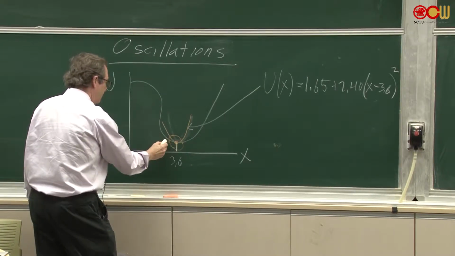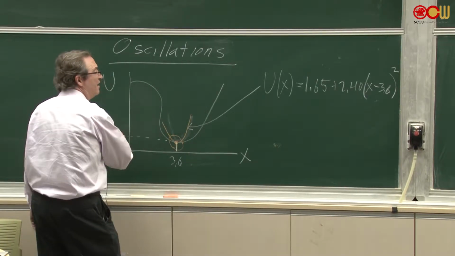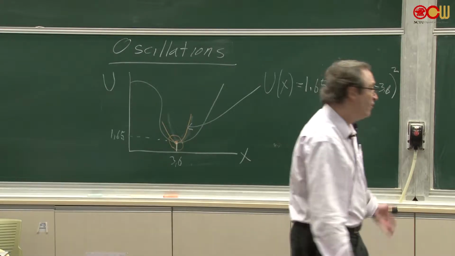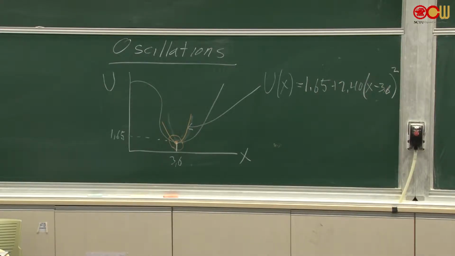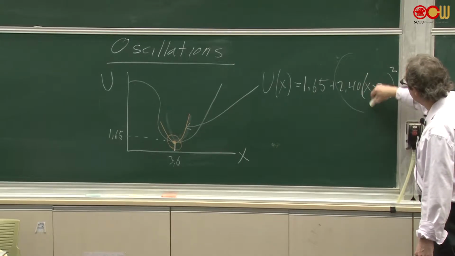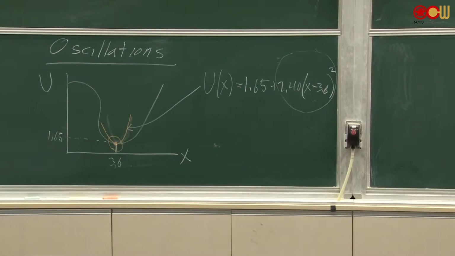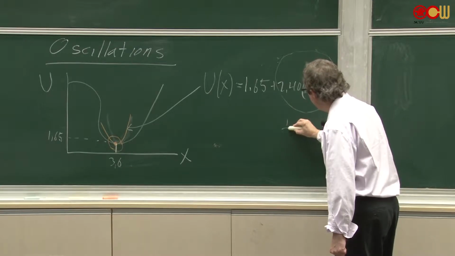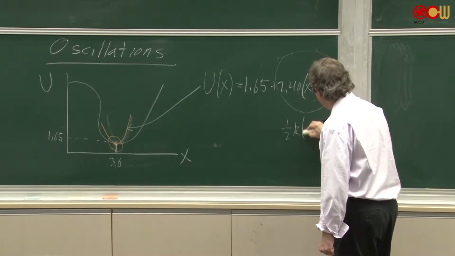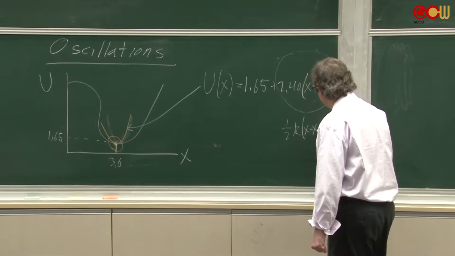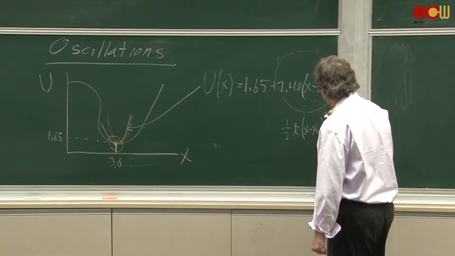And this little distance over here is 1.65. So if you look at this part of the curve, it looks like the spring potential energy. So this thing here is like 1/2 k (x minus x equilibrium) squared.